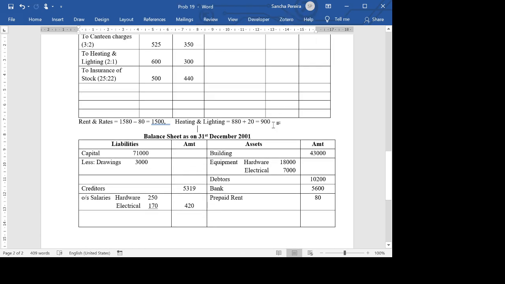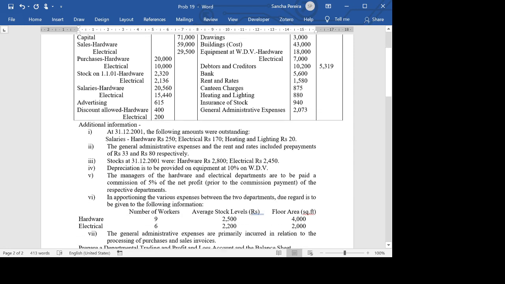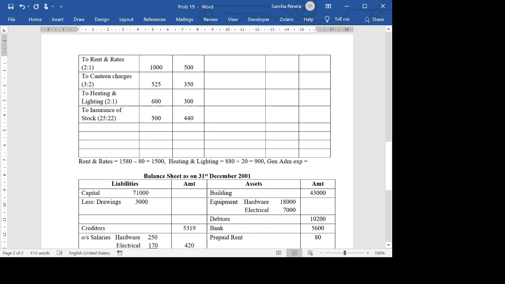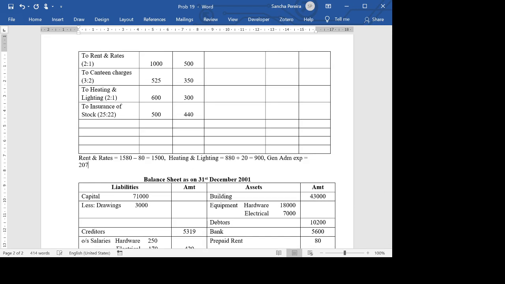So general administration expenses is equal to 2073 minus 33, which will be 2040. Okay, so 2040 has to be divided.